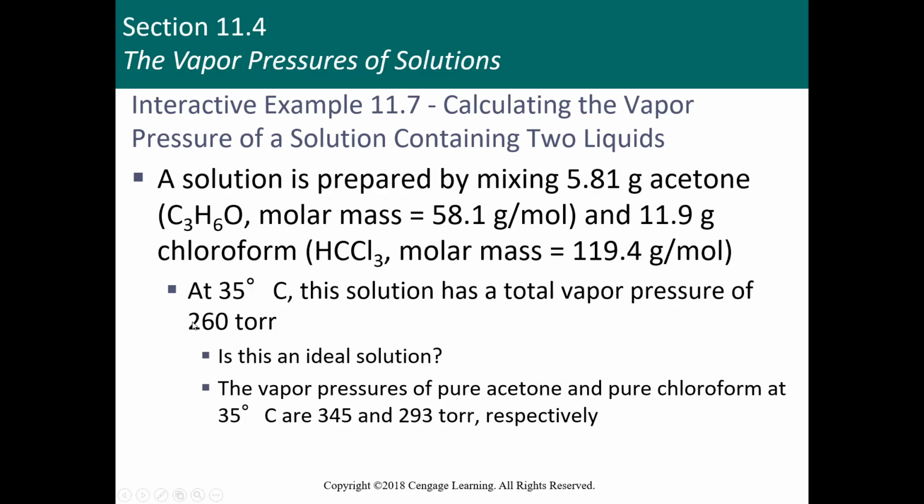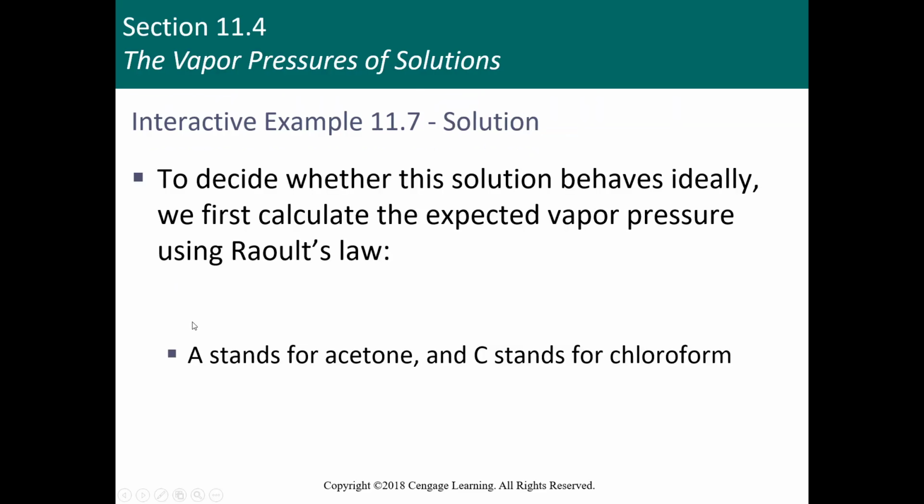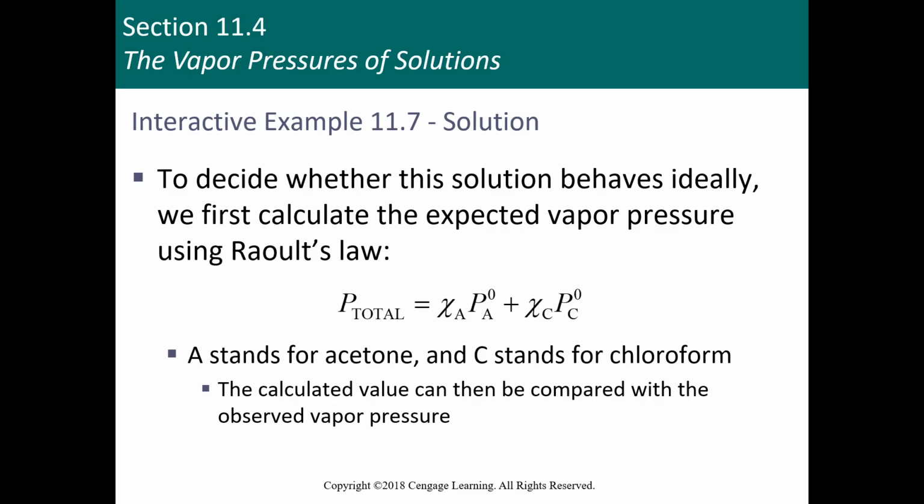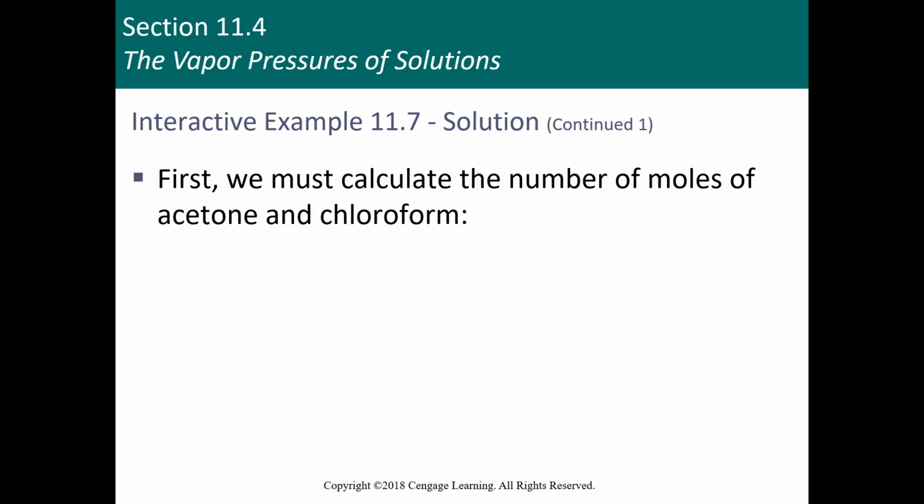That's 260 torr. So we should go ahead and try using Raoult's law and see if we get 260, or do we get something different? If it closely matches the observed value, then yeah, it's an ideal solution. Great. If it's very far apart, then we actually know both that it's non-ideal and how it deviates.